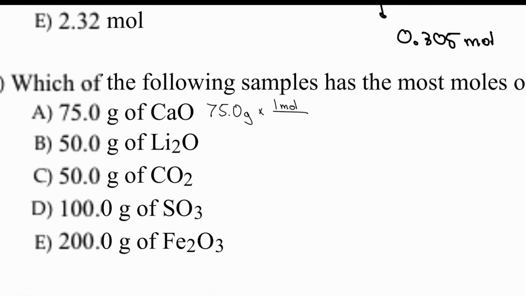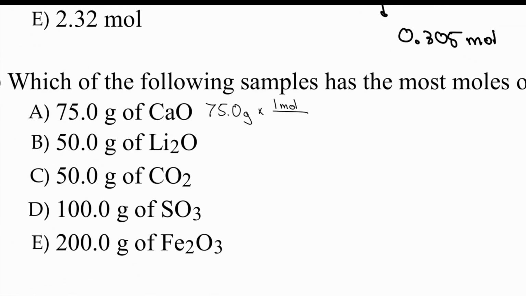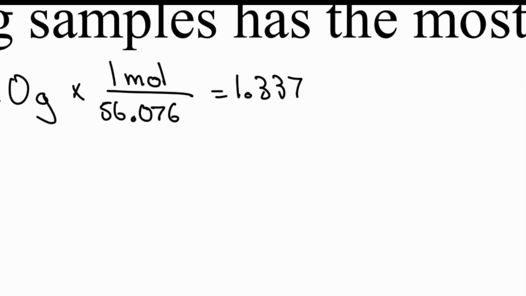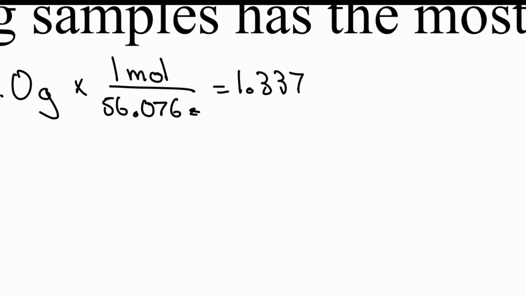So I'm just going to give the molar masses for these. If you guys want to try them out and double check my work, that is fine. And I'm going to just show you.